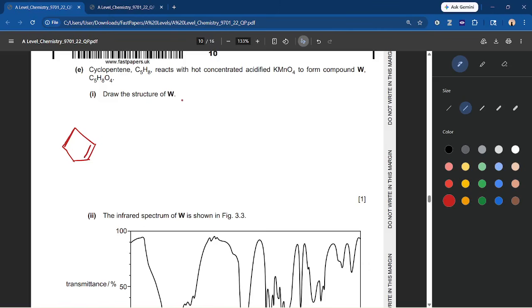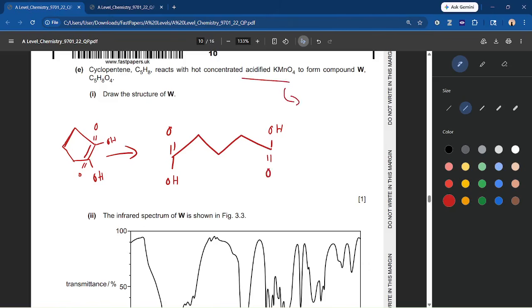So acidified potassium manganate will oxidize this, and you're going to have an OH added here, and a double bond over here. You have an OH added here, and a double bond over here, and this will open up the structure. So it'll look something like 1, 2, 3, 4, 5. Give an OH over here, a double bond over here, an OH over here, and a double bond over here. Because what this is doing is it breaks the double bond.